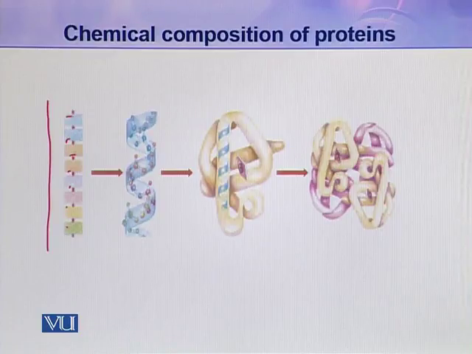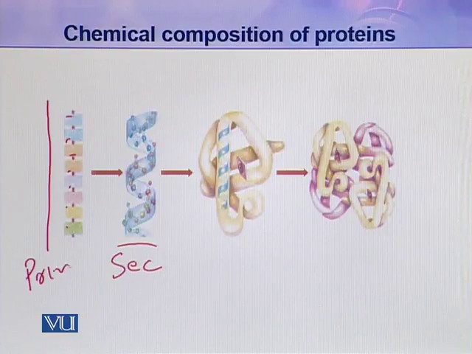This is simply a polypeptide chain. This is not a protein. In this polypeptide chain, some conformational organization occurs, and it forms this helical structure. This is the secondary structure of protein, and this simple chain is called the primary structure of protein.